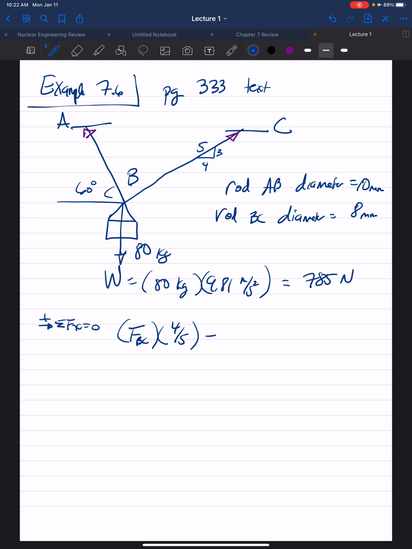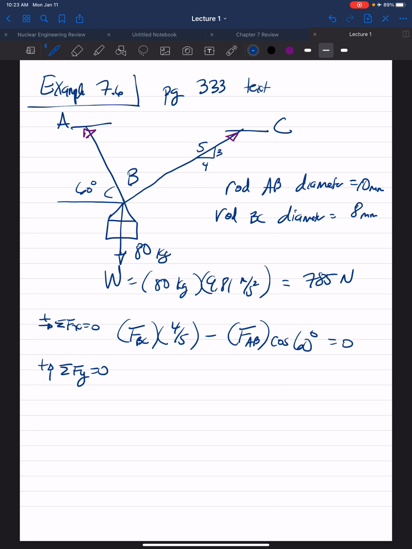Minus, since the sense of FAB is directed in the negative x direction, that's minus FAB times cosine of 60 equals 0. We have two unknowns, so we need another independent equation to solve for the two unknowns.